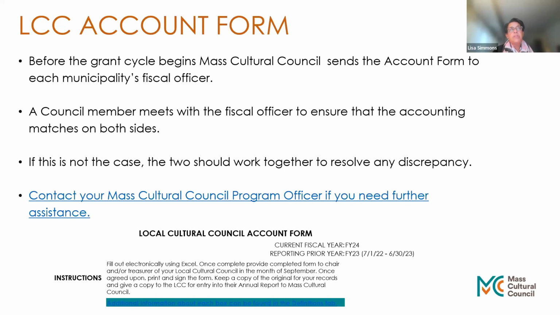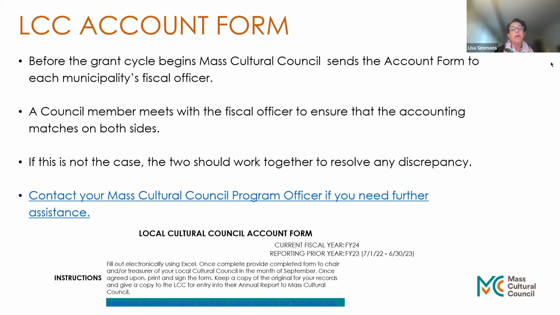Once the fiscal officer gets an opportunity to fill out the account form, they're going to send it to you, and you're going to meet with the fiscal officer to make sure that everything is happening the way it should, and you all agree on the money that is in the account.